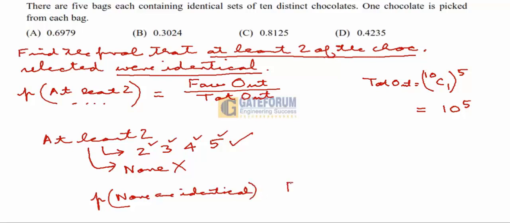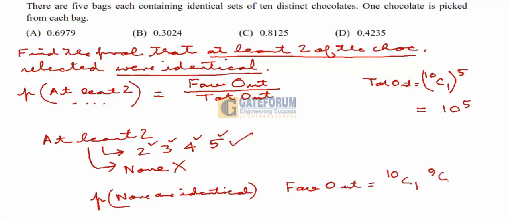The favorable outcome here would be, see, I am picking up and none of them is identical. So from the first bag, I select any one out of the 10. In the second bag, I take care that the one I had already selected doesn't fall in my option. I select one from the other 9 present.